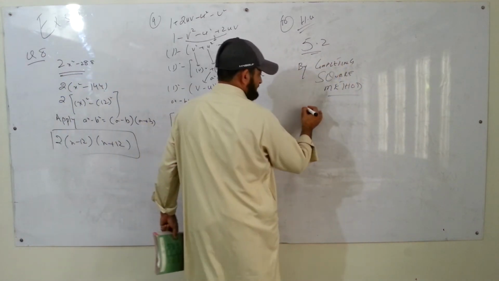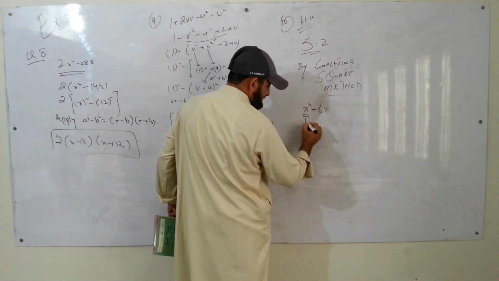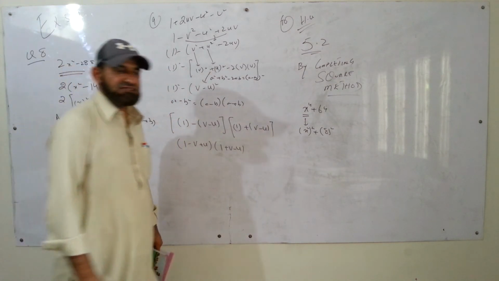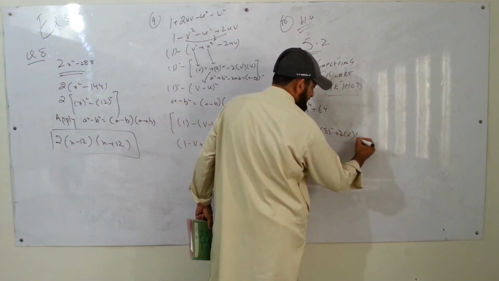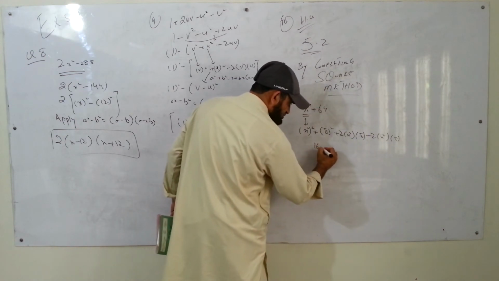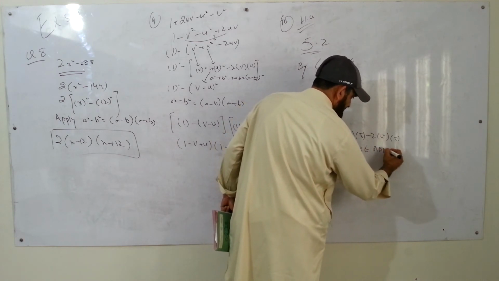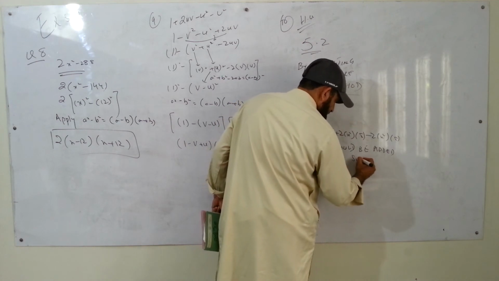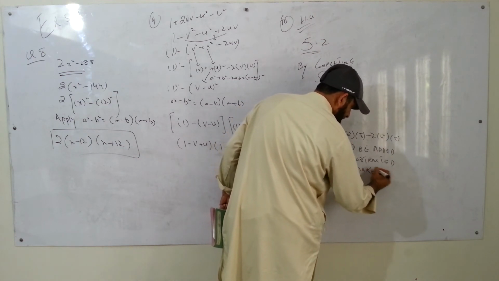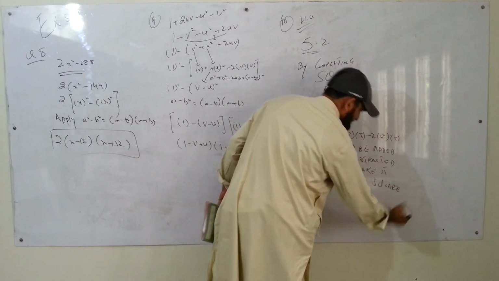The first question, x to the power 4 plus 64. x to the power 4 is a square, 64 is b square. a square and b square are given, 2ab is missing, so we add 2ab and subtract 2ab, which is 2 times x square times 8, that is 16x square, added and subtracted to make it a perfect square.